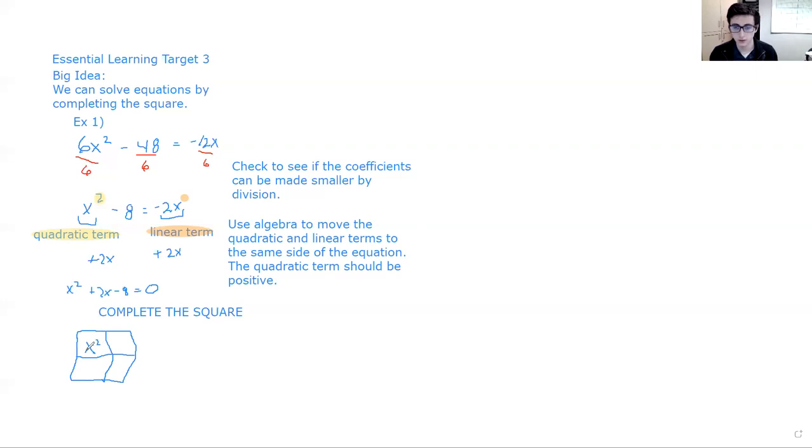In other words, what times what equals x squared? That's going to be x times x. So we're going to put x and x here. This works because x times x equals x squared.